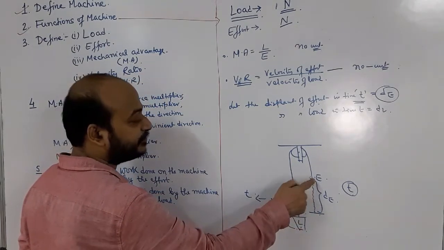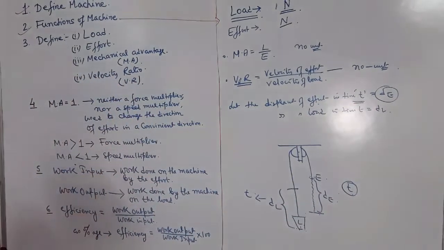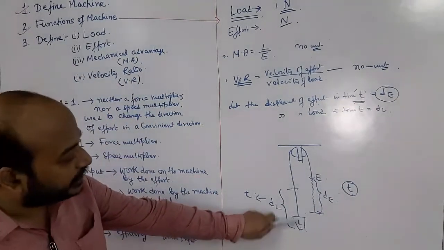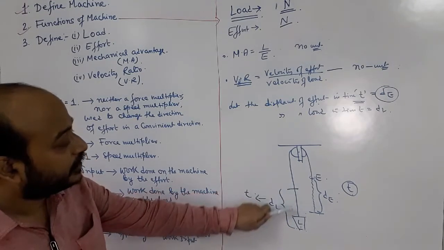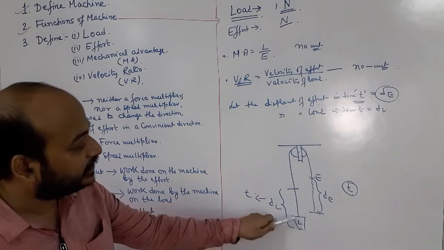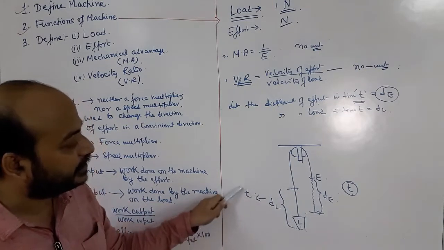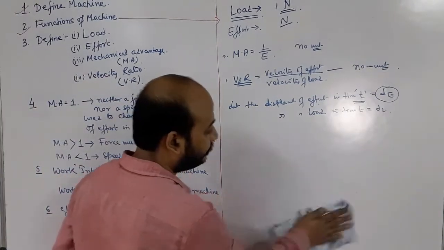The displacement of the effort from here to here takes time t, and when the bucket moves from here to here, that is the displacement of the load dL, and naturally the time is t. Okay, so that is what we have taken here.